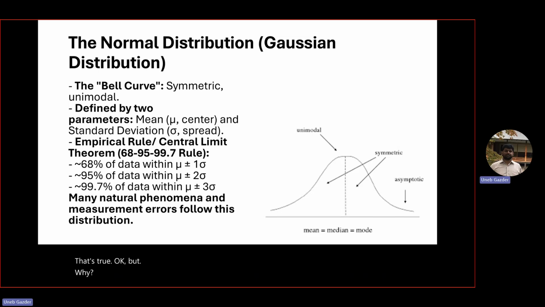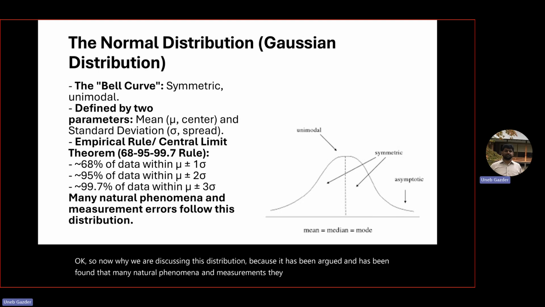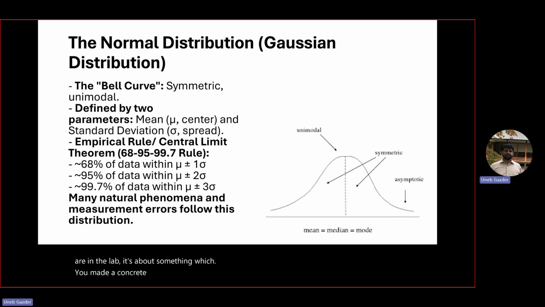Now why are we discussing this distribution? Because it has been argued and found that many natural phenomena and measurements follow the normal distribution. Many natural phenomena and measurements, if you are taking them naturally, even if you are just in the lab, it's about something where, you know, you made a concrete sample which is made up of natural materials, right?